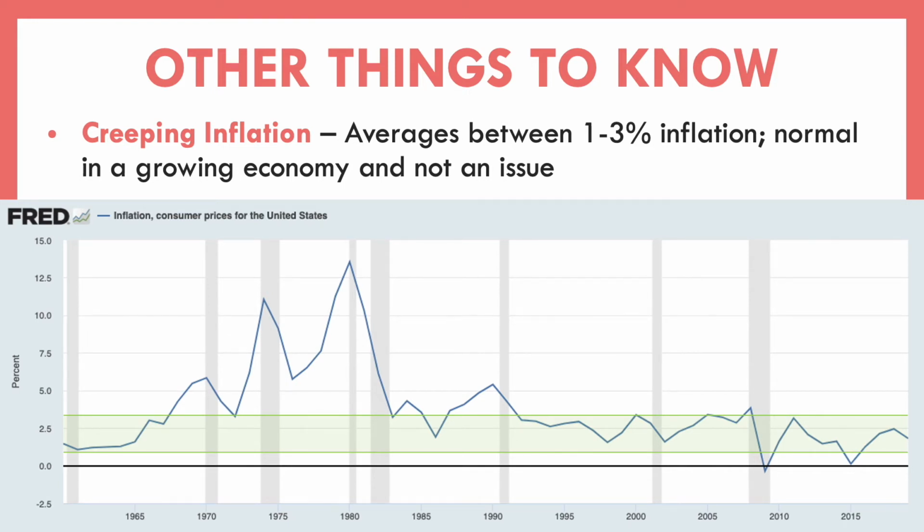And if you notice, we've historically hung out right about in that range. A few exceptions, obviously, were in the 1970s when we experienced massive inflation, and that lasted a little bit into the 80s. But you saw we slowly got it under control, especially into the 90s. But then we had a little bit of deflation with the Great Recession. If you notice that little bit where it dipped below the black line. But for the most part, it stays right there in about the 1 to 3% inflation. That's normal to have in a growing economy.